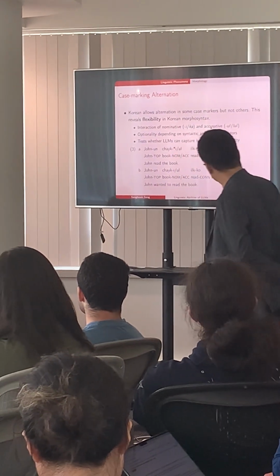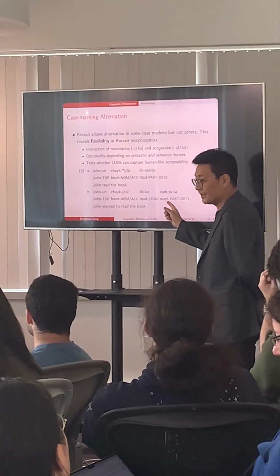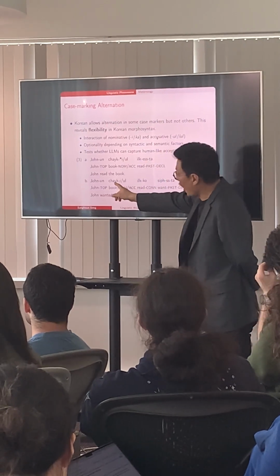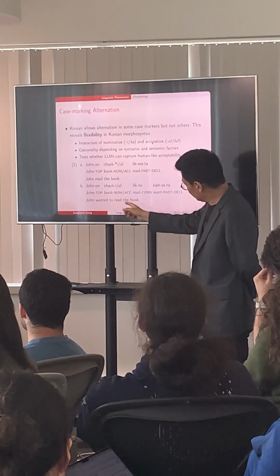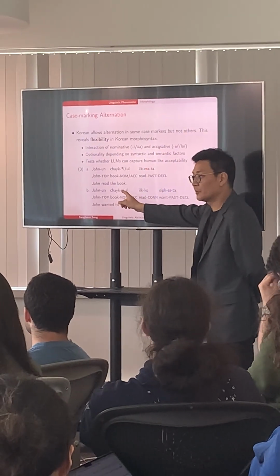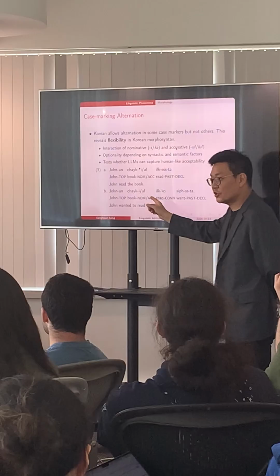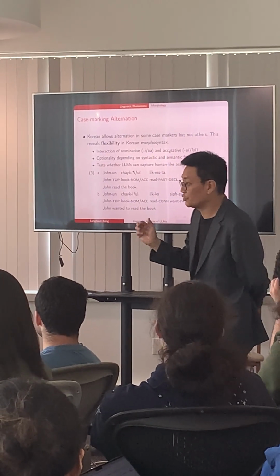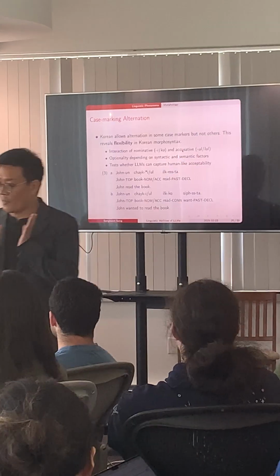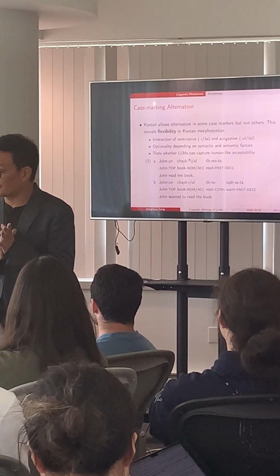But sometimes, if the predicate includes an auxiliary such as 싶다, meaning want, the object can be associated with two different types of markers at the same time. So the nominative marker and the accusative marker can both be attached to the object in this case. Again, the morphology is quite flexible in Korean.